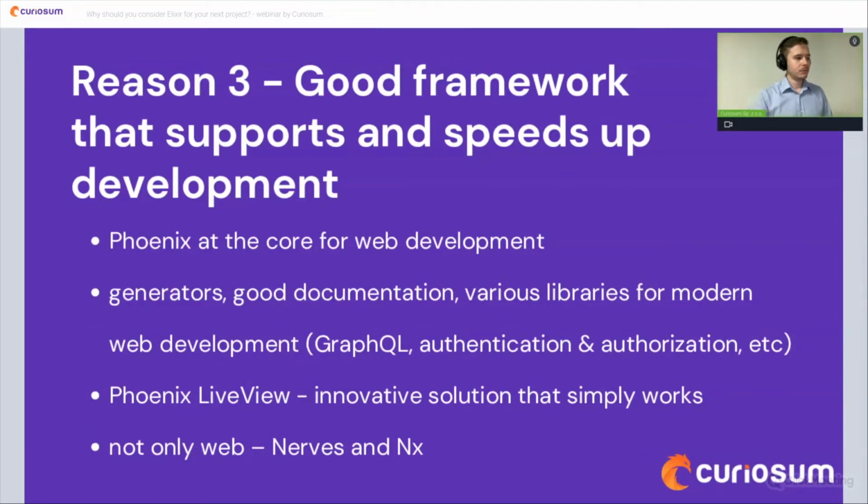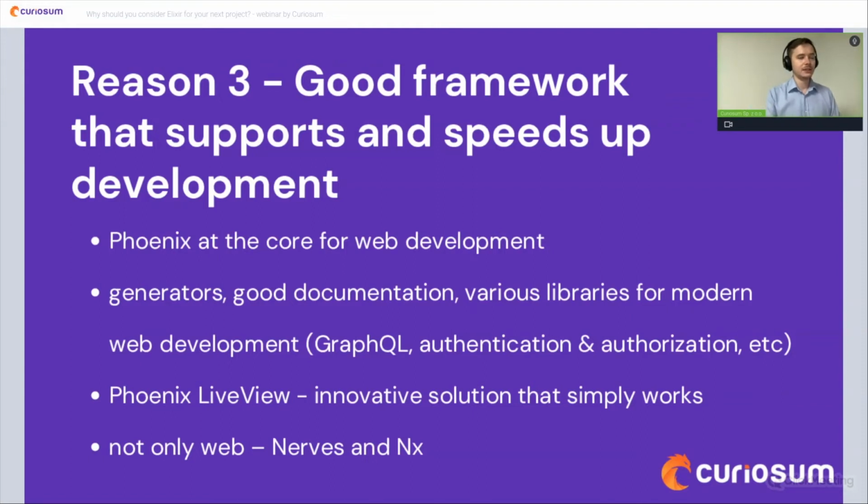And there are various libraries that we use for modern web development. So things like GraphQL, authorization, authentication. We have stuff in place to make it work out of the box. And there is something called Phoenix LiveView, a very interesting topic.